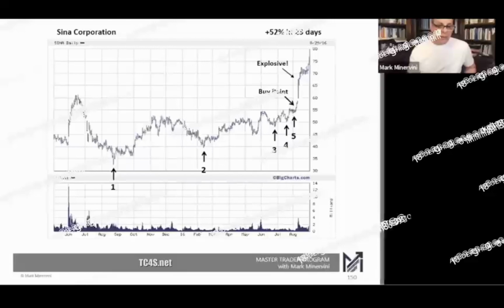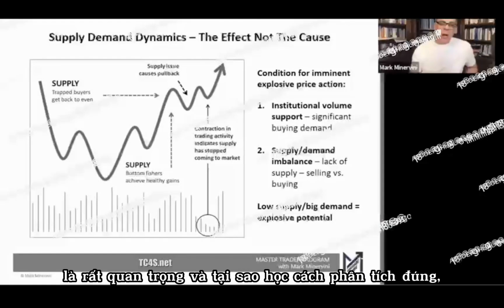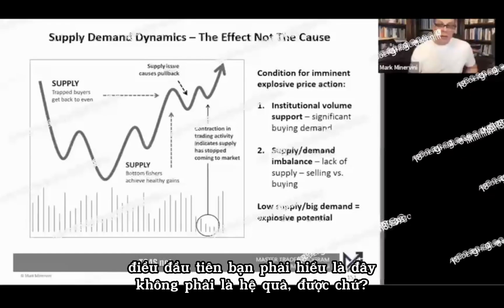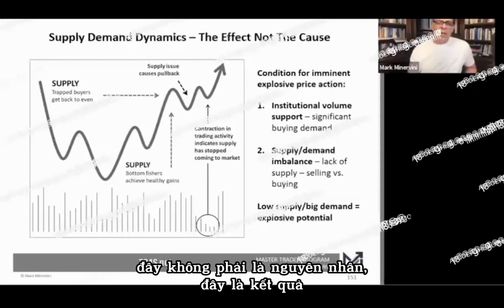All right, let me explain to you why this volatility contraction is so important, and why getting it right and really learning how to do this could be very valuable to you. The first thing you have to understand is that this is not the cause.